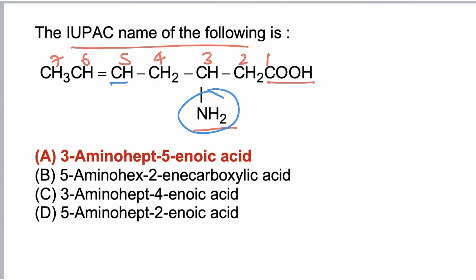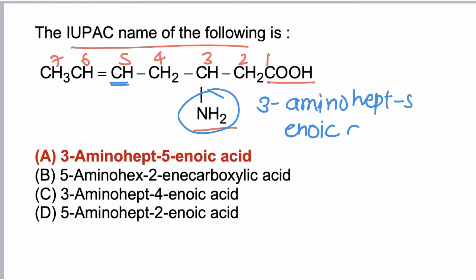At the fifth position, a multiple bond is present. So the name of the molecule is 3-amino. Total 7 carbon atoms are present, so hept. At the fifth position, a double bond is present, so hept-5-ene. At the first position, oic acid is present. So enoic acid, and hence the correct option is A.